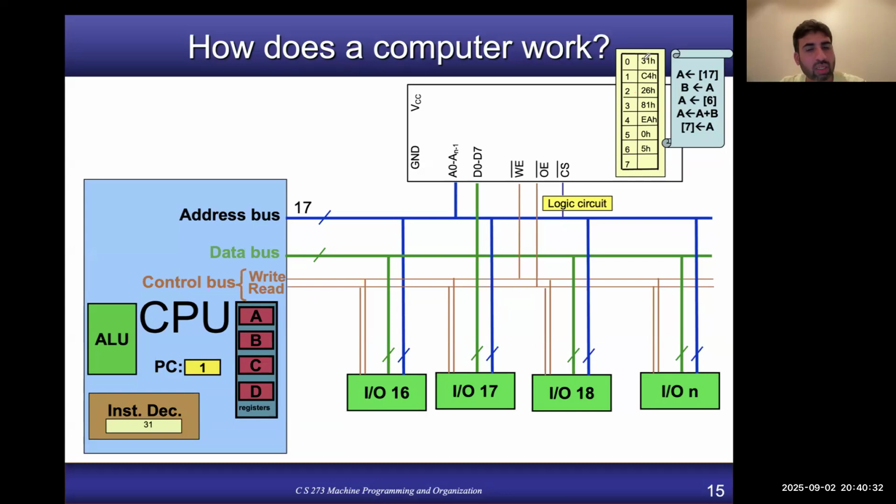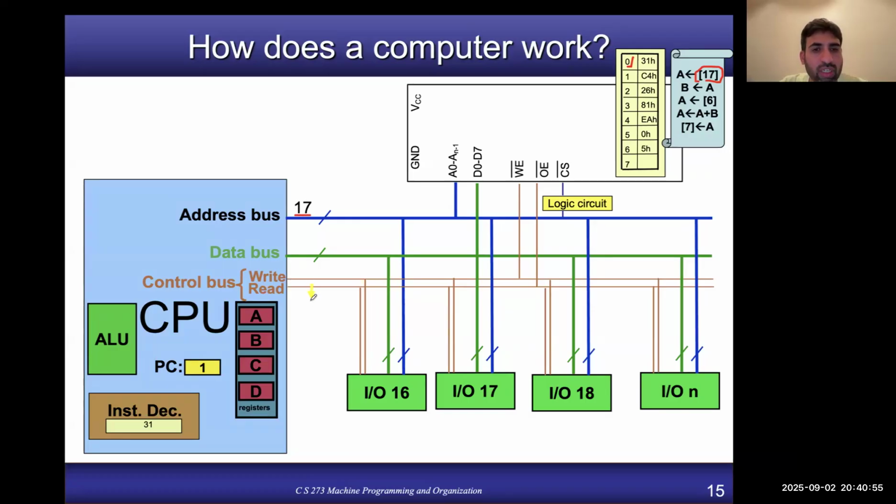But before the next instruction is executed, you are executing the first instruction, this one. This says read the data from the memory at address 17. So your CPU puts the address 17 on the address bus, and then it puts the read signal low.